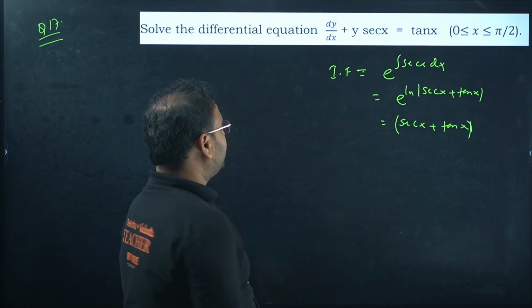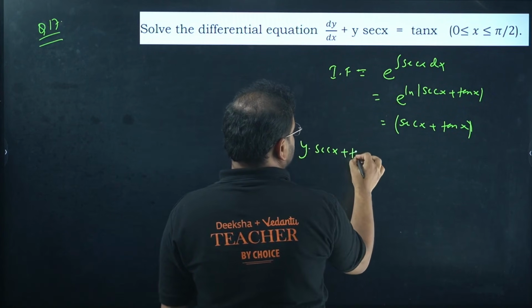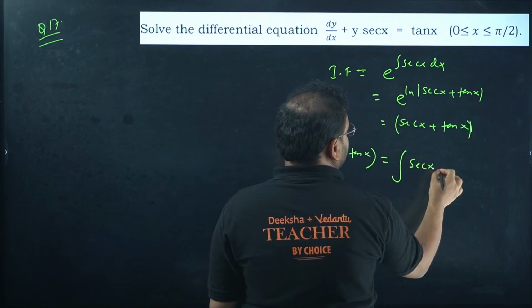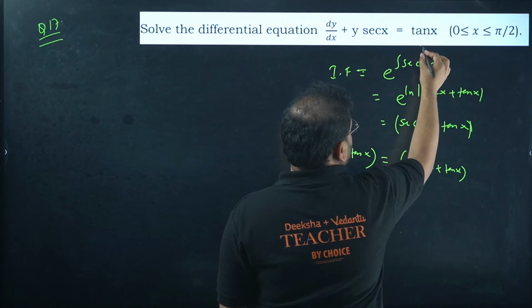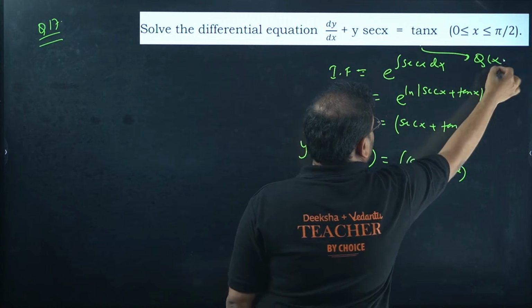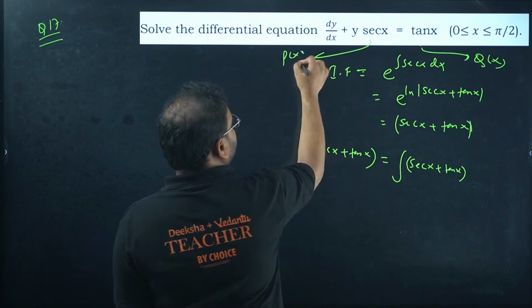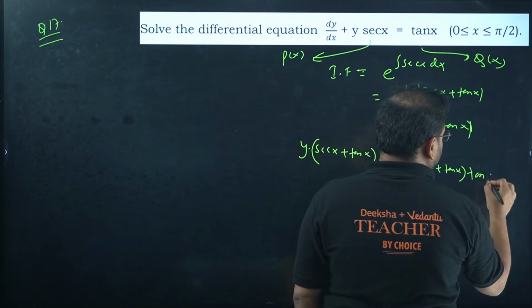Now use it over here. You get y times of secant x plus tan x, the final answer, equals integration of secant x plus tan x into, what do we have? This is the q value, and this was your p value, px. So you get into tan x dx.